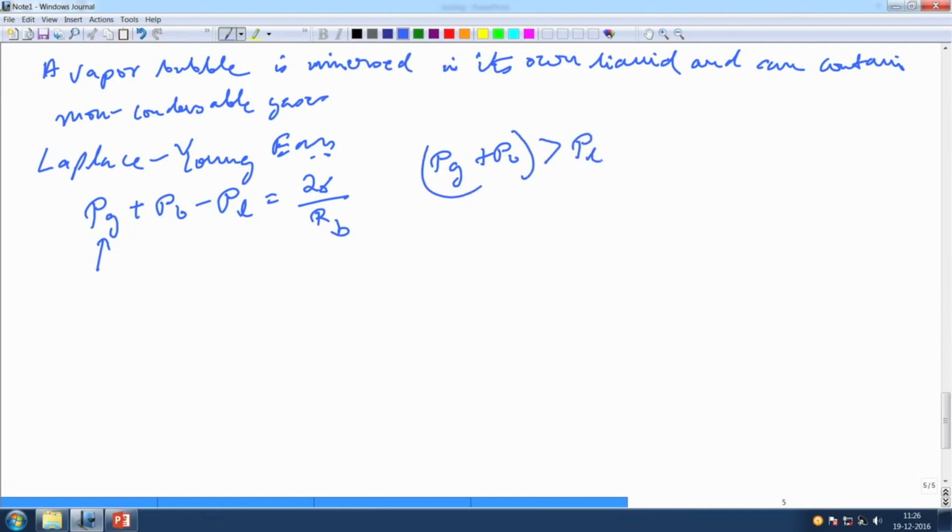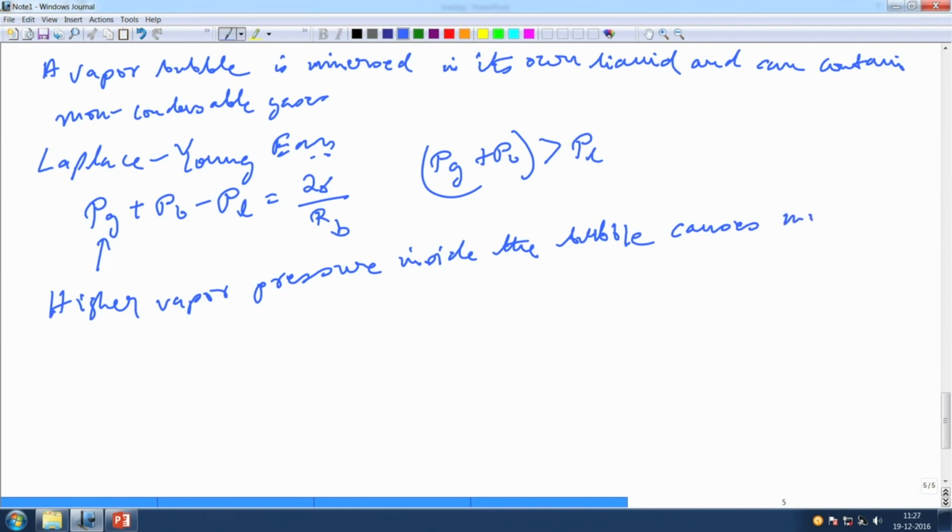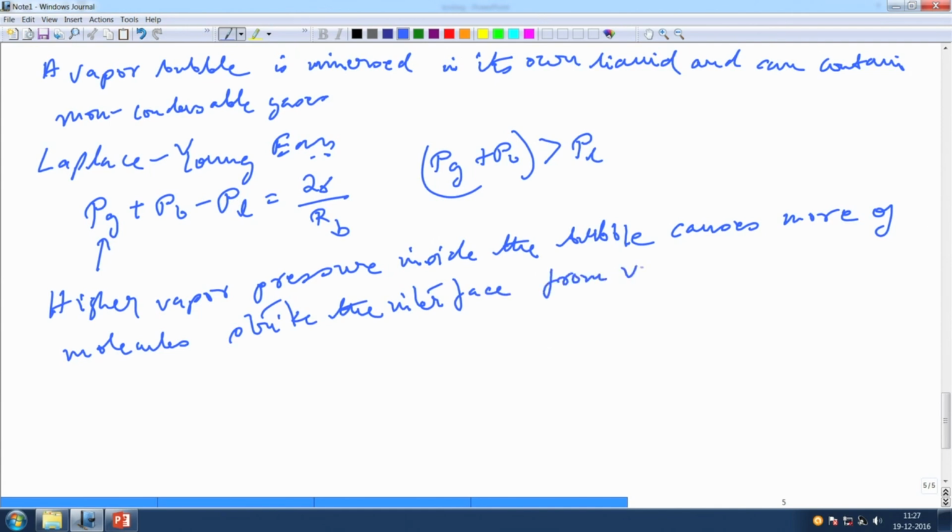So, this essentially implies one and only one thing, that the higher vapor pressure inside the bubble causes more number of molecules to strike the interface from the vapor side, where they are absorbed by the liquid.